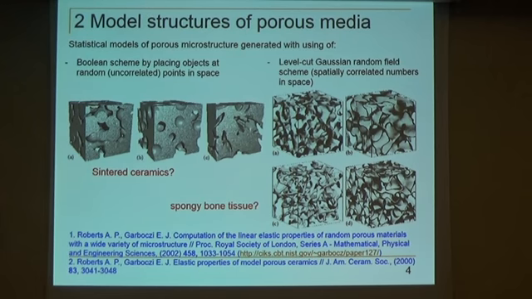These structures are based on statistical models, and here you can see two types of such structures, in which the first type is based on the Boolean scheme, and the second on spatially correlated models. In my talk, I will talk about these structures.